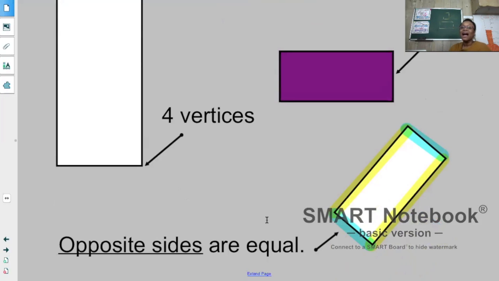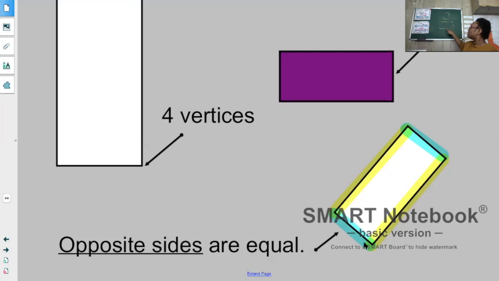They're not. Opposite sides are equal. So if we take a look at the 2 sides here that are opposite each other, on the screen you see I've highlighted them in blue. These sides are equal. They're the same measurement. But these 2 are not, the ones that are next to or adjacent to each other.